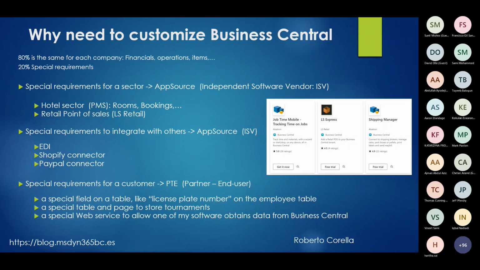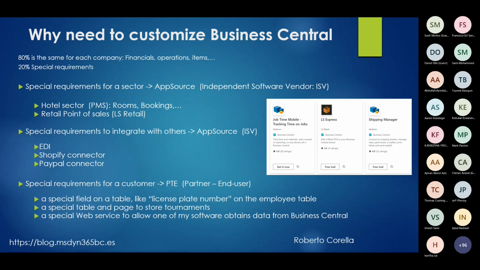And finally, we have a special requirement for a customer, only for one customer. It's a kind of extension, a kind of functionality only for one customer. Maybe one customer wants one field in a table or something.